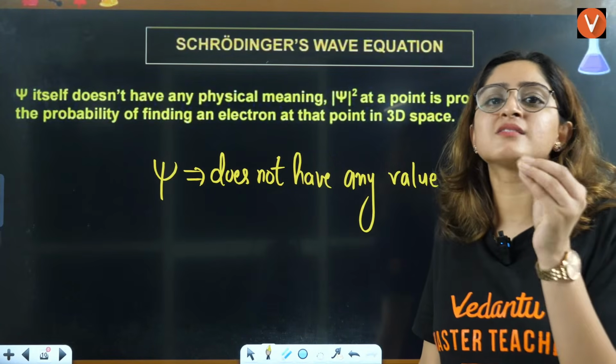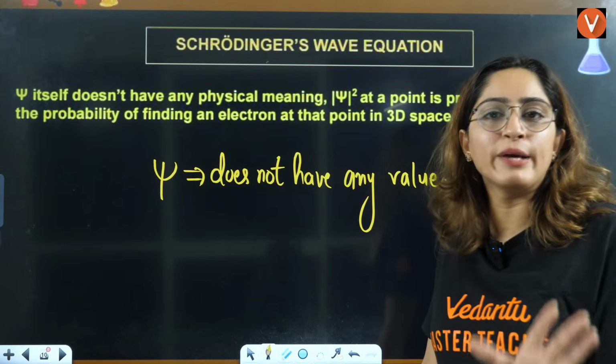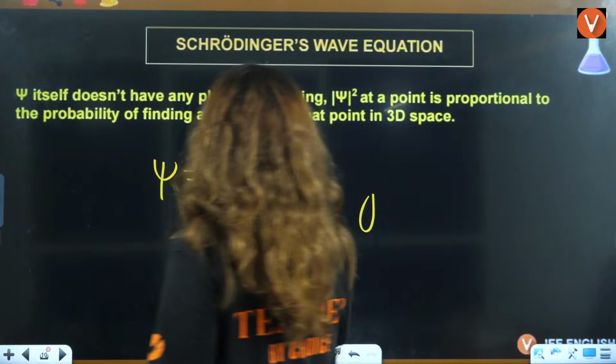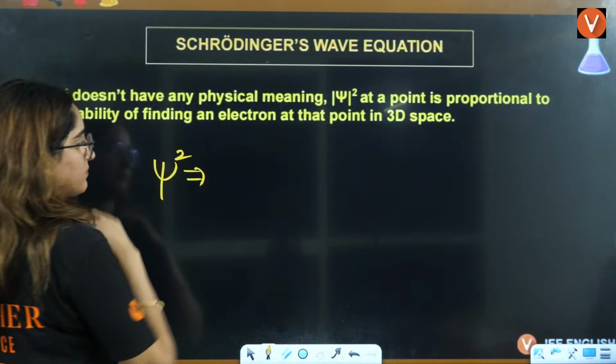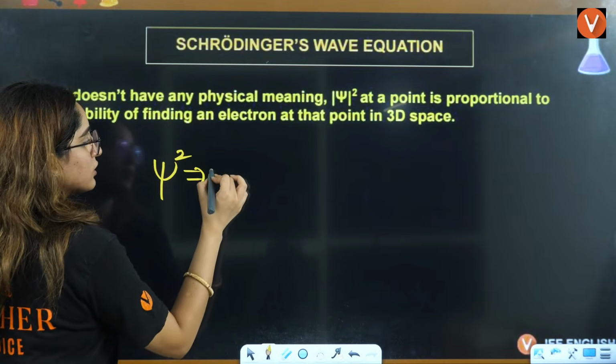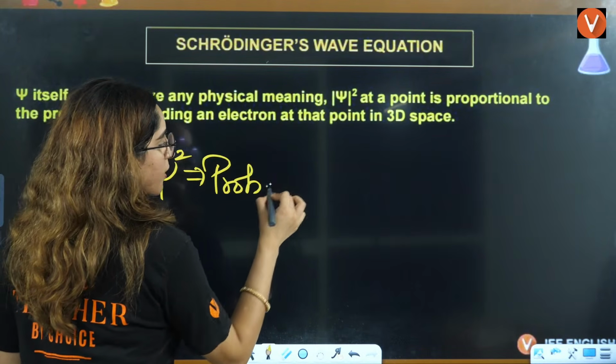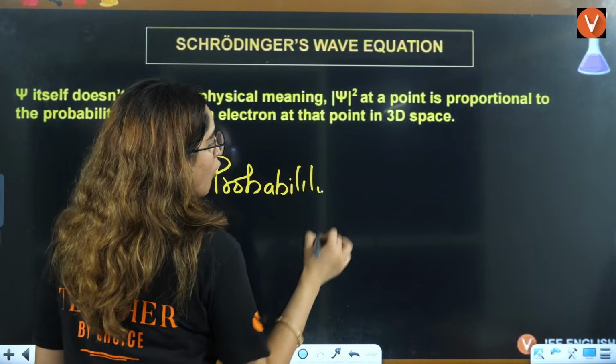That means this psi value is not going to tell you anything, right? But psi square will tell you the probability of finding the electron.